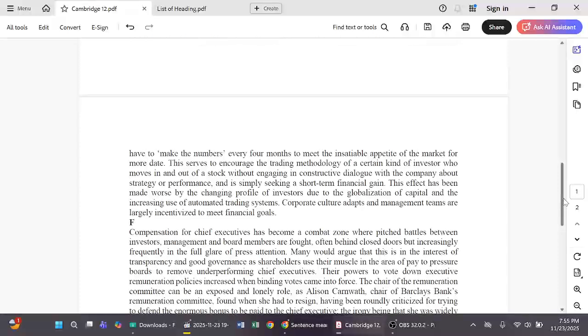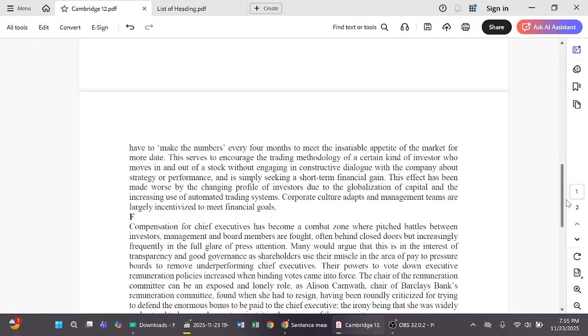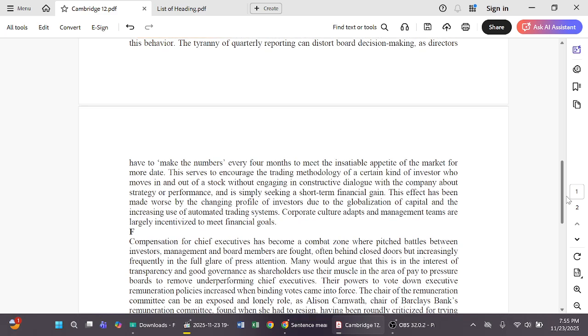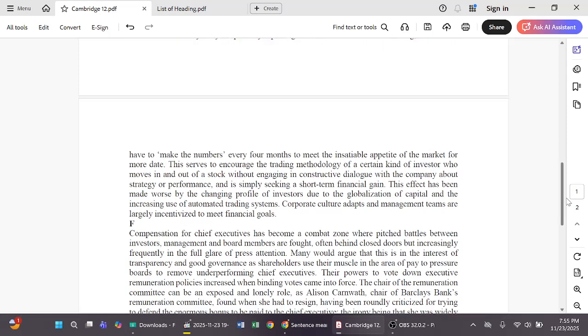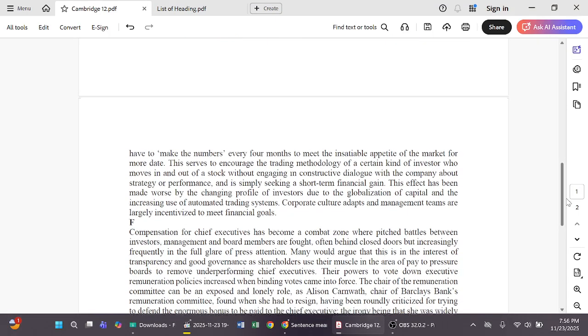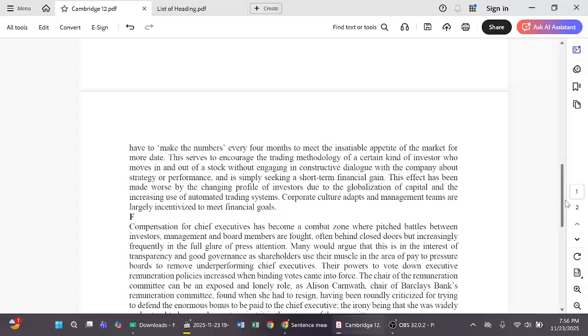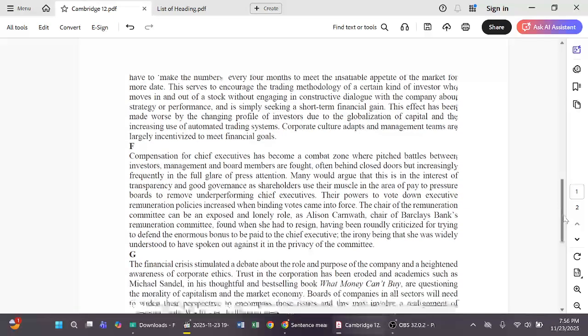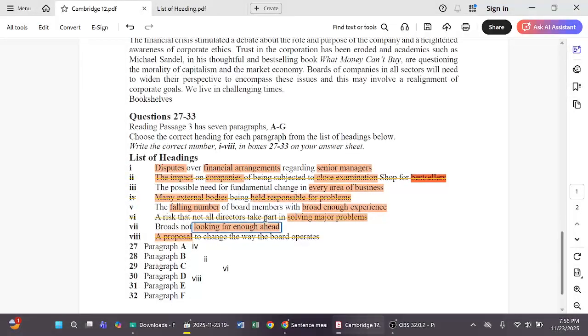As this is strategic, we have to focus on more strategy during our reading module in the main examination. So we don't do any kind of rush, rather we have to go through the passage carefully to take the right answer. Okay, disputes, no, there is nothing about dispute or financial arrangements.